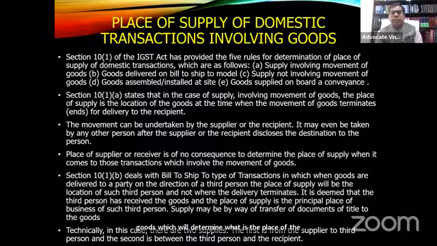Now, why is it important? Because it is totally in sync with the underlying principle of the destination-based consumption tax. So it is the destination to which the goods are moving, and it is the place where the goods are consumed. It is the place which is considered to be the place of supply.